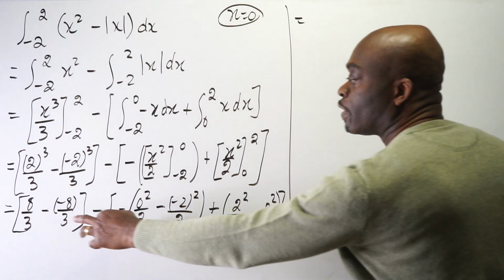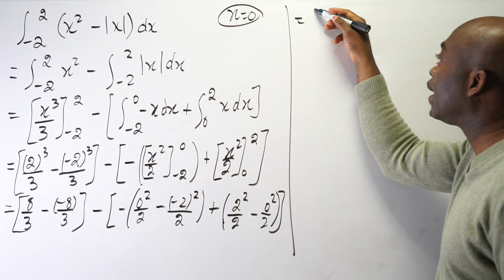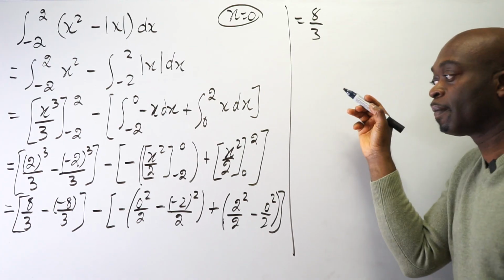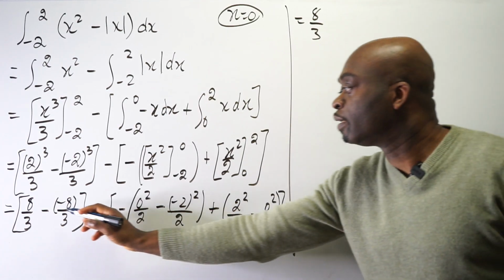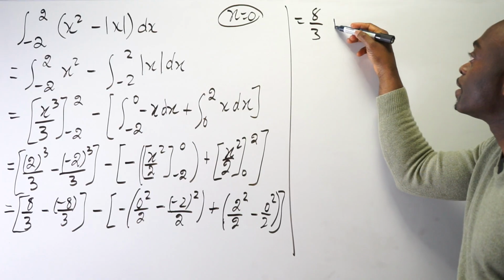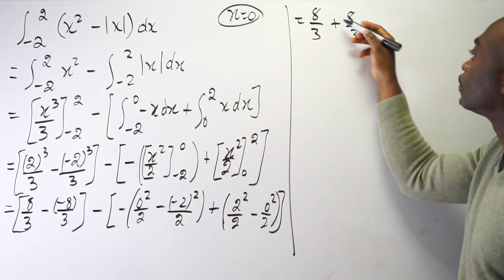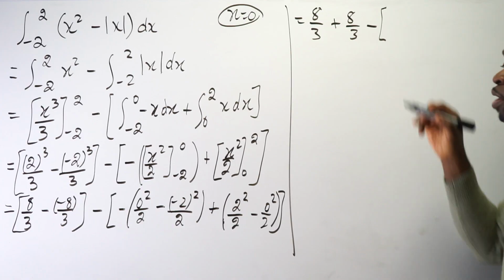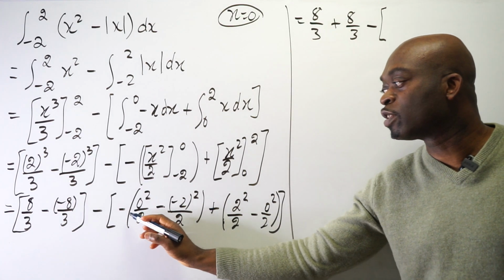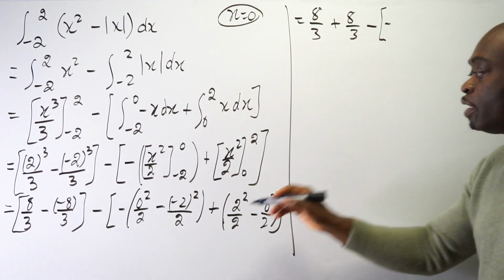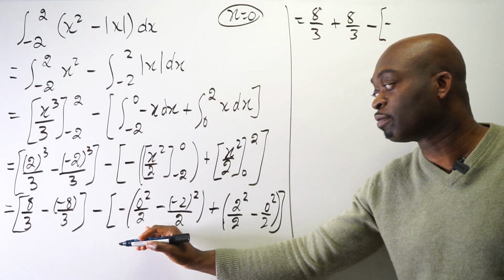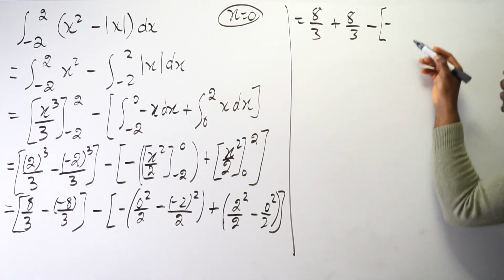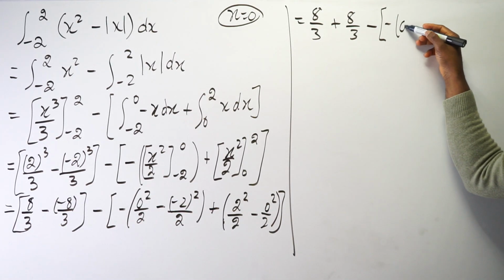See what's happening? So now we can continue here. All right? So what's happening is this one is 8 over 3. Then negative is going to give us positive 8 over 3. Minus. So we have our bracket. So what's happening here at this one? So we still have our minus here. So this one here, 0 squared is 0 divided by 2 is 0, right? So minus, then this one is 0.